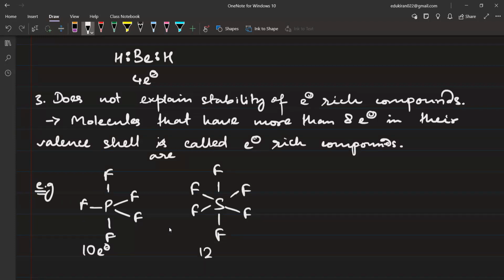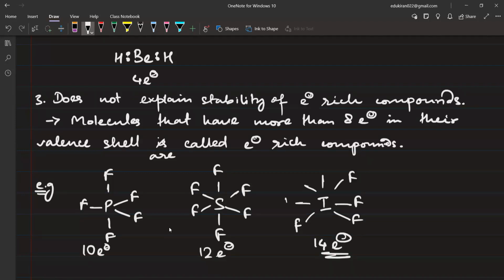Here it is having how many electrons? 12 electrons. Similarly, IF7, I is being bonded with 1, 2, 3, 4, 5, 6, 7. So this is having 14 electrons. So all of these are examples of electron rich compounds, and these compounds exist.